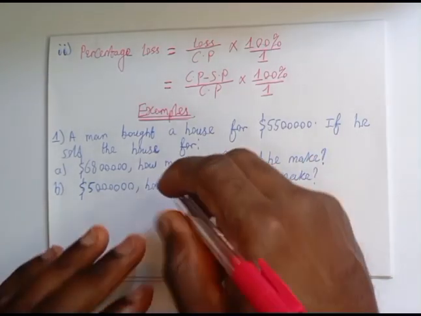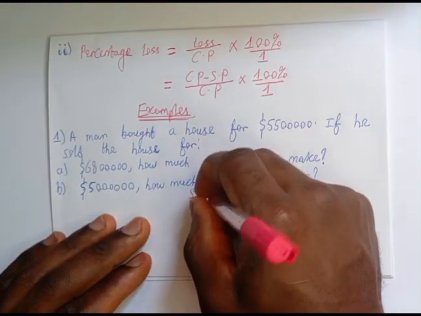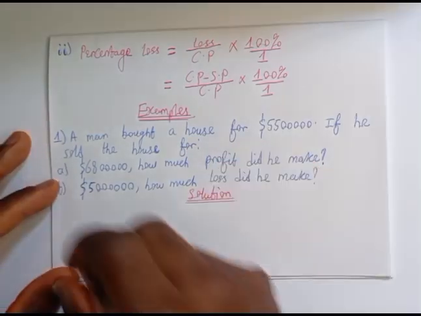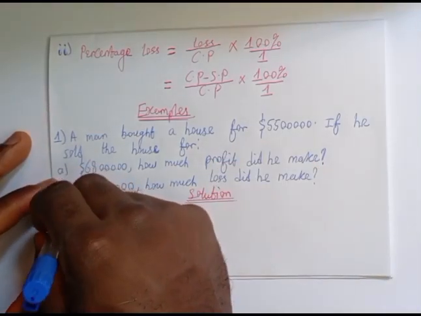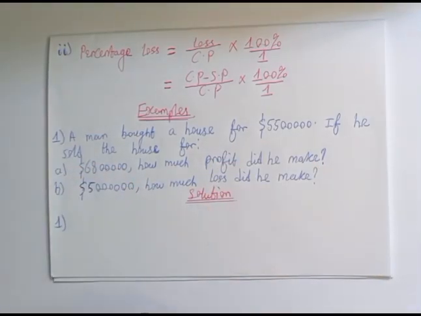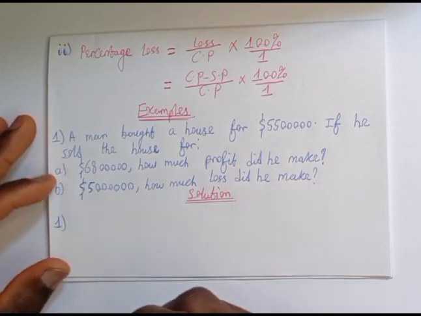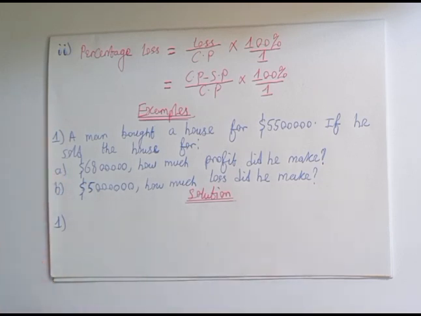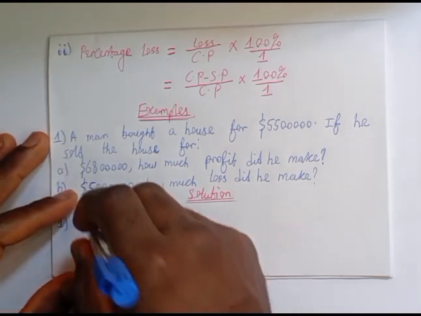Take solution. We have been told that a man bought a house for $5,500,000. The $5,500,000 is the cost price. That's the amount the man used in buying the house.